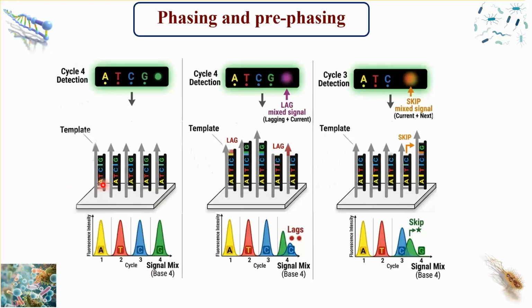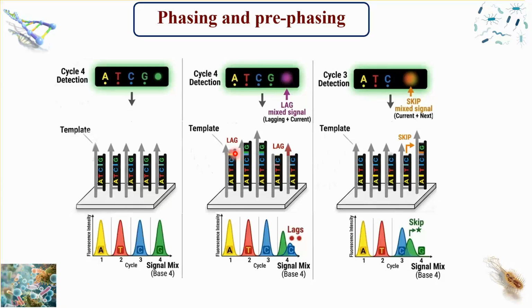As we can see here, all strands synthesize exactly 4 bases by cycle 4, reflecting perfect synchronization, and the signal intensities are strong and clean for all cycles as we can see here. Here is the addition of 4 bases. Now, not all strands behave perfectly as we have said earlier. If we see here, some strands don't complete a base addition.